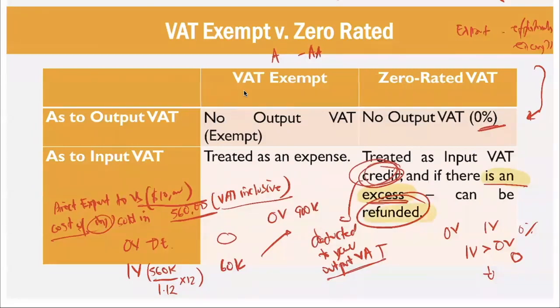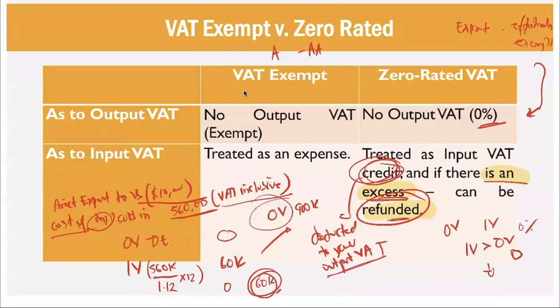So in our example, we have zero output VAT, we have 60K input VAT, you can refund the 60K. So there are two treatments. If ever it is zero rated VAT, it can be used as an input VAT credit if ever you have other output VATs to make use of it. But if you don't have any output VAT to make use of that input VAT, you can refund it. So you can refund the 60,000 pesos.